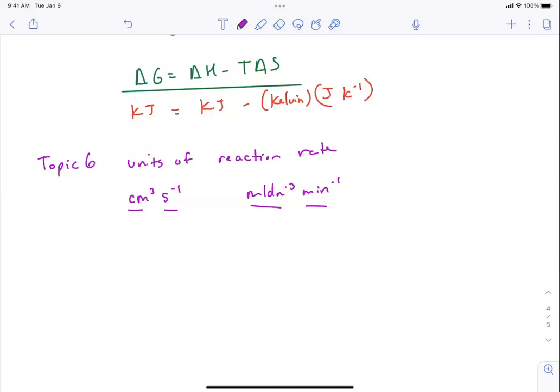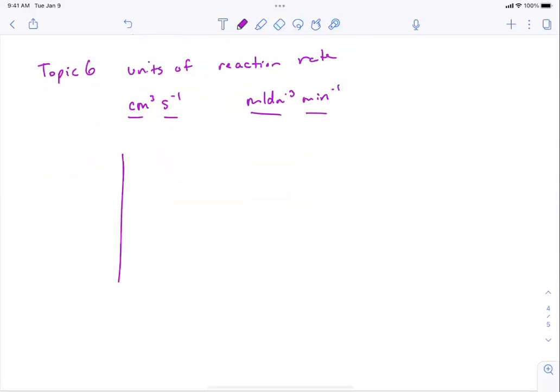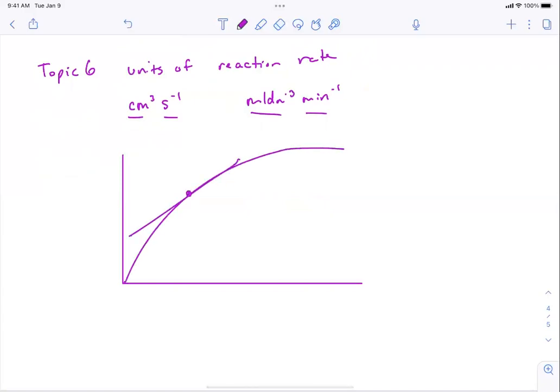Maybe they have you calculate the reaction rate at a given time on here, and you've got to pay attention to what your units are here and what your units are here and what your intervals are here as well. Pay attention to what those intervals are so you read the graph correctly.